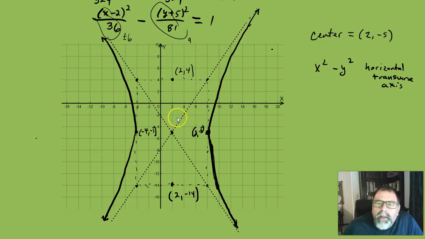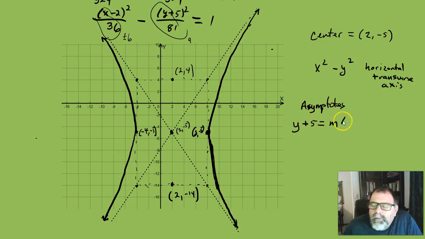And then the asymptotes. Now here's the trick for this one. It went through the center, which was 2, -5. So for the asymptotes, it's y minus y1, so y plus 5 equals the slope times x minus x1, which is 2. Now the slope, remember, is change of y over change of x.